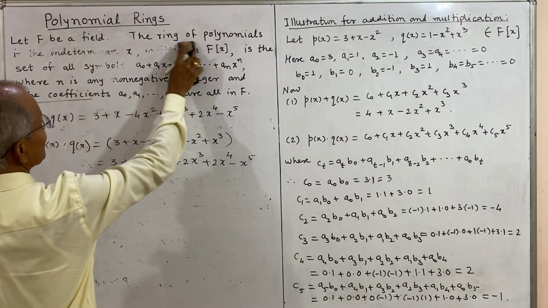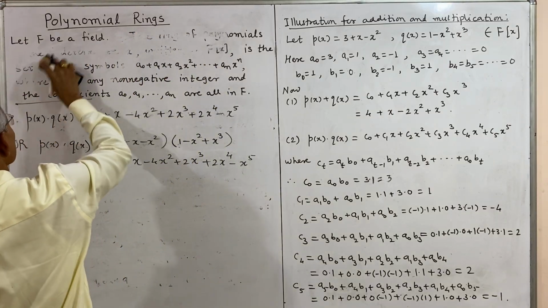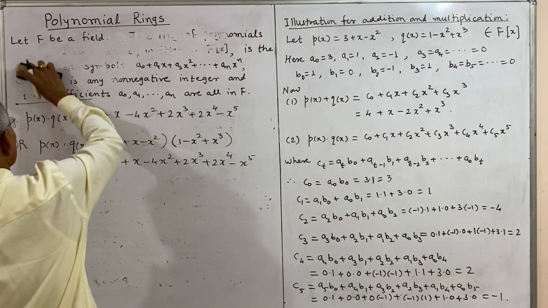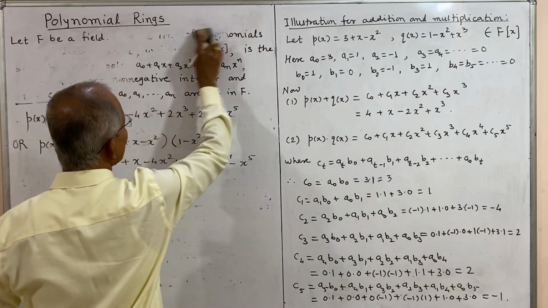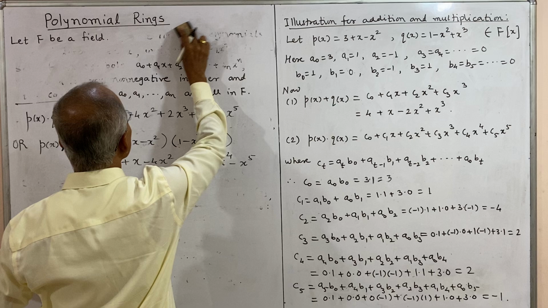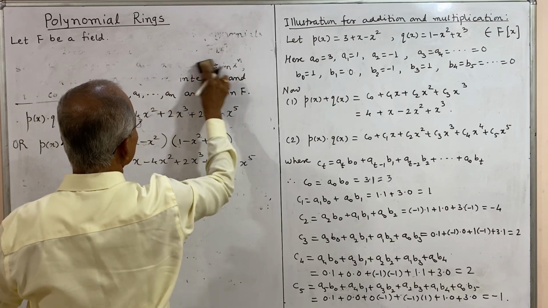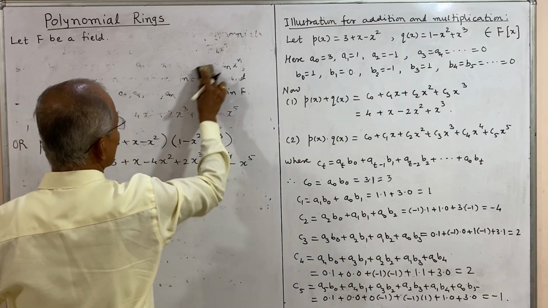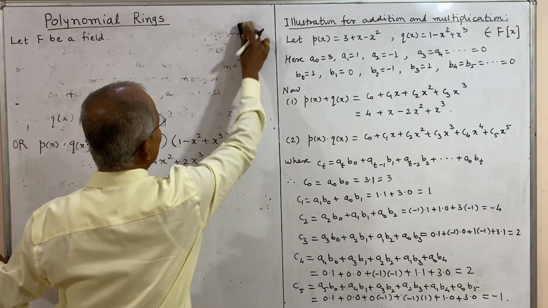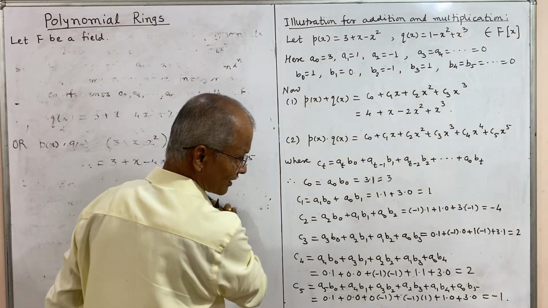Let F be a field, then the set of polynomials F[x] forms a commutative ring with unit element. That we shall state as a theorem.